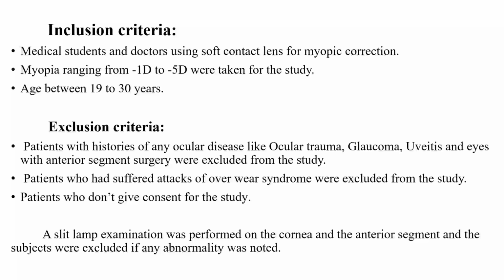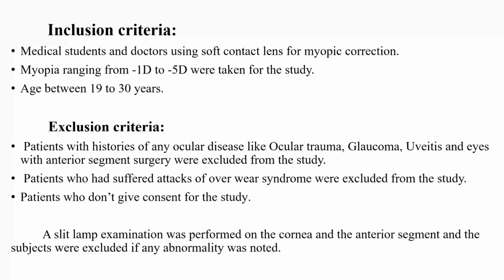Inclusion criteria of my study were medical students and doctors using soft contact lenses for myopic correction, with myopia ranging between -1 diopter to -5 diopters, and age between 19 to 30 years. Whereas exclusion criteria were patients with any ocular history like ocular trauma, glaucoma, uveitis, and any eyes with anterior segment surgeries. Patients who suffered attacks of overwear syndrome were excluded from the study, and patients who didn't consent for the study.